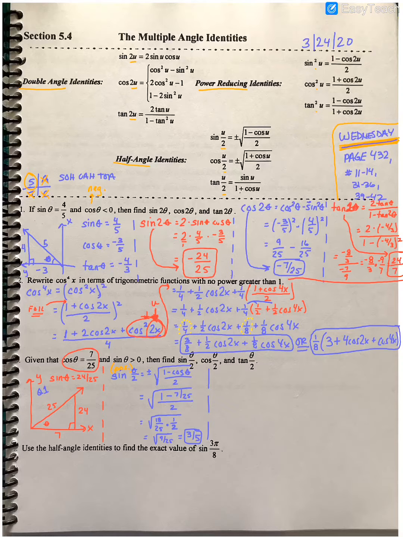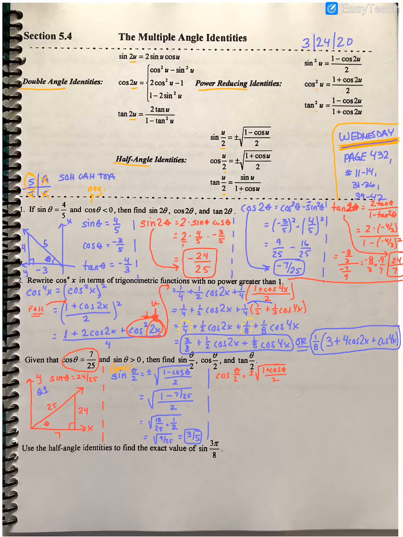So we're also asked to find cosine of theta over 2. The rule for cosine of theta over 2, or the identity, says plus or minus the square root of 1 plus cosine theta over 2.